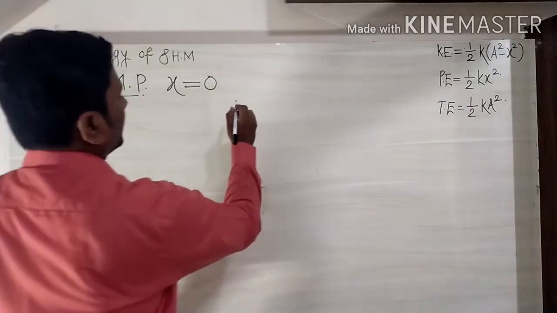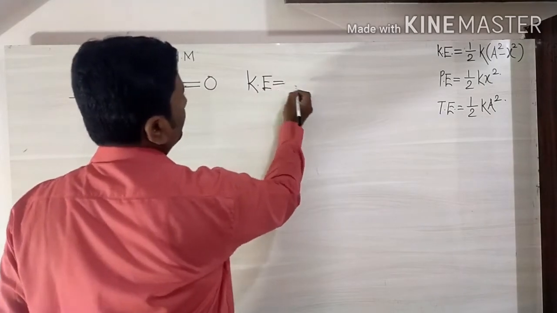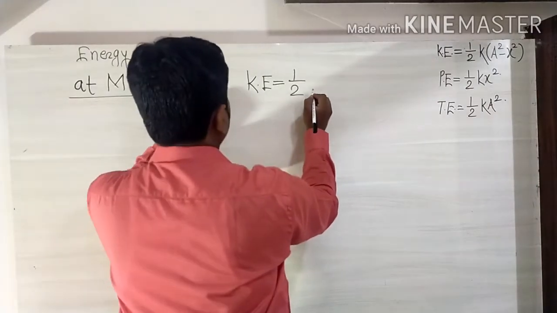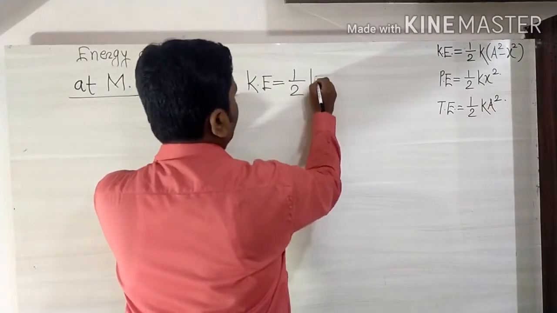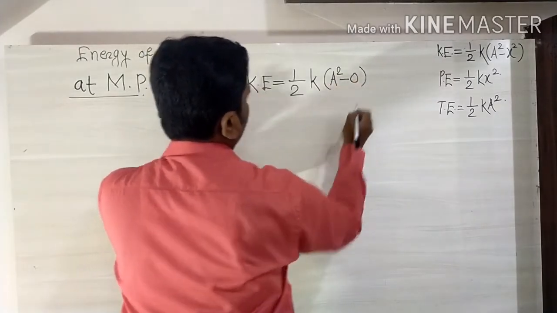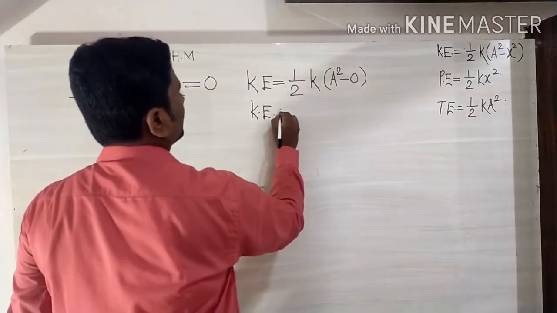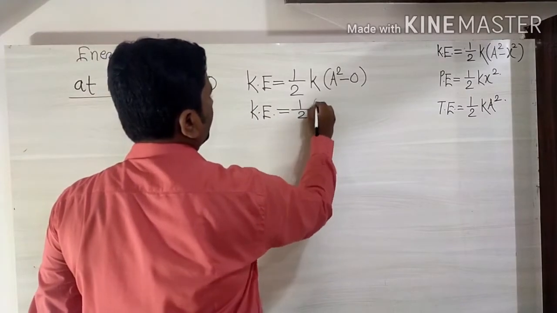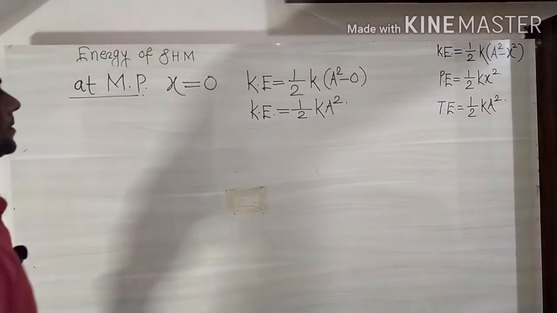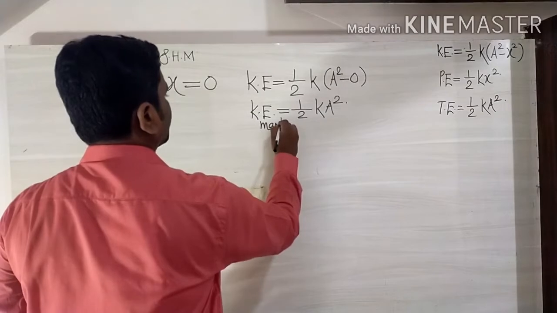So we find the kinetic energy at the mean position, 1/2 k by putting the value of x equal to 0, 1/2 k a square minus 0. So kinetic energy at mean position we get 1/2 k a square. That is the maximum kinetic energy.